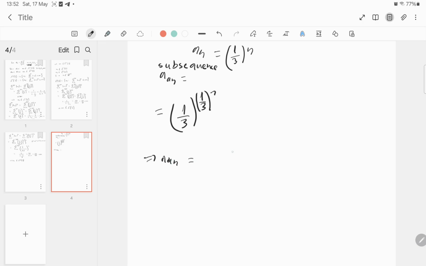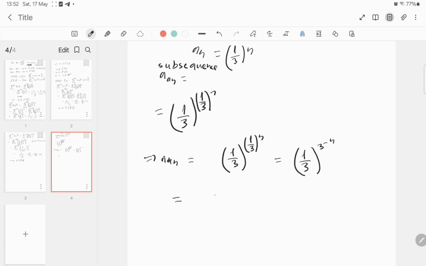So a_n equals a third to the power of n, and that's 3 to the power of minus n.